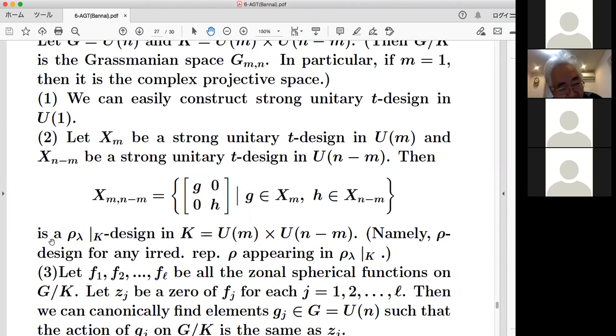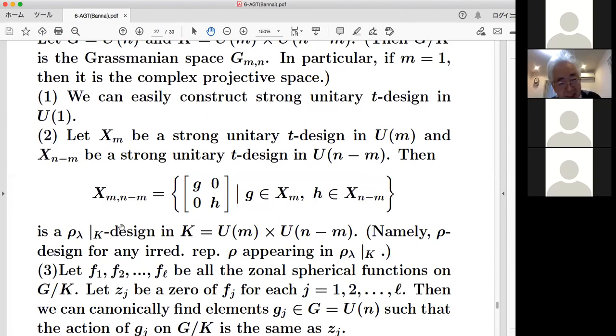And we can see this is a rho lambda design in this product group U(m) cross U(n minus m), namely a rho design for any irreducible representation rho appearing in this representation. But anyway, for such rho lambda, this subset becomes this design.